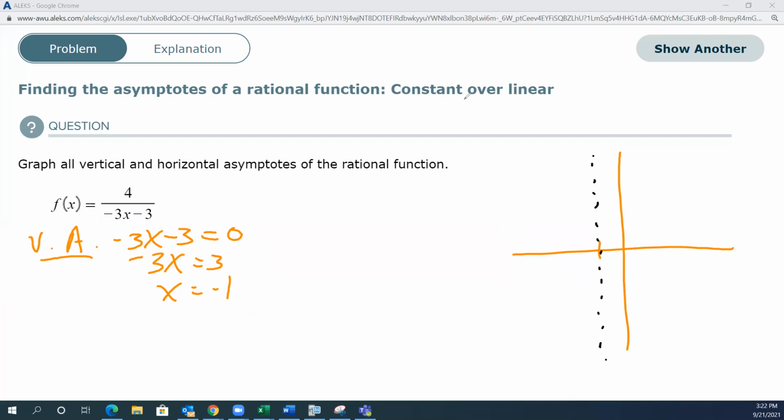And the degree of the numerator is 0, because there are 0 x's in the numerator. So when the degree of the denominator is bigger than the degree of the numerator, then your horizontal asymptote is just going to be the x-axis, y equals 0, every time.